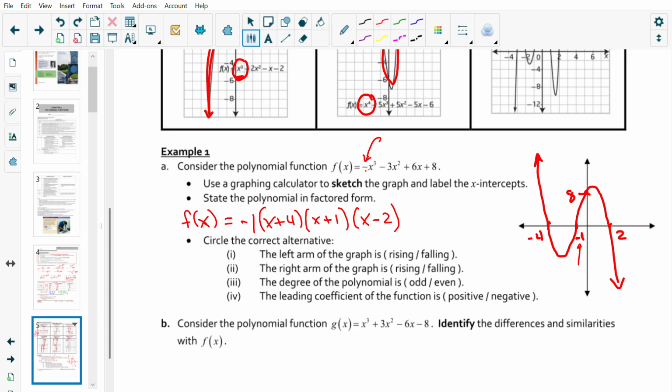Okay, circle the correct alternative. The left arm of the graph is rising. So here's a little bit of terminology. When I say rising, ask this question of yourself: which way is the arrow pointing?